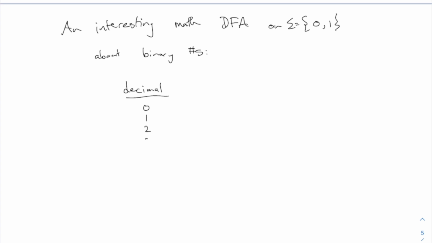We only use 10 different symbols, counting 0. Once you get up to 9, there's no special symbol for the next number. You roll the 9 back to 0 and carry a 1 into the next digit over. Everybody knows this.